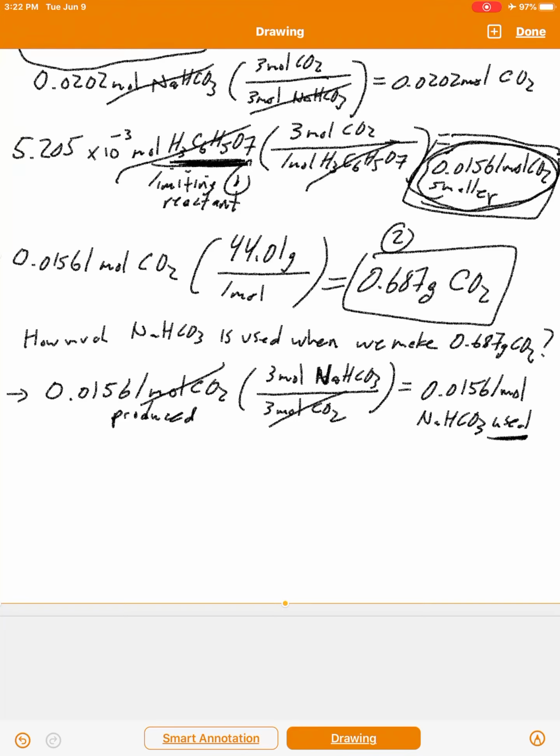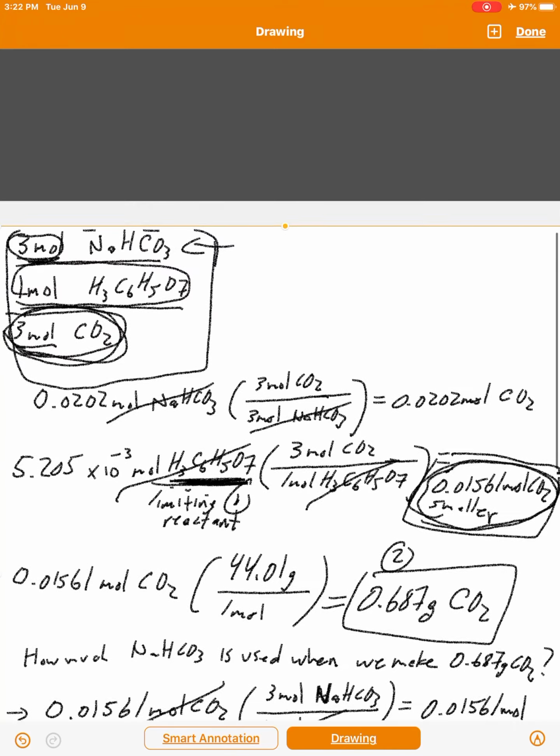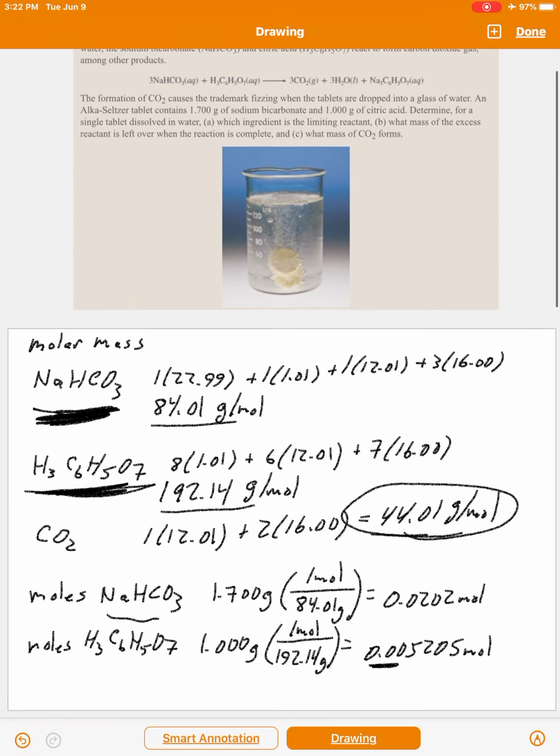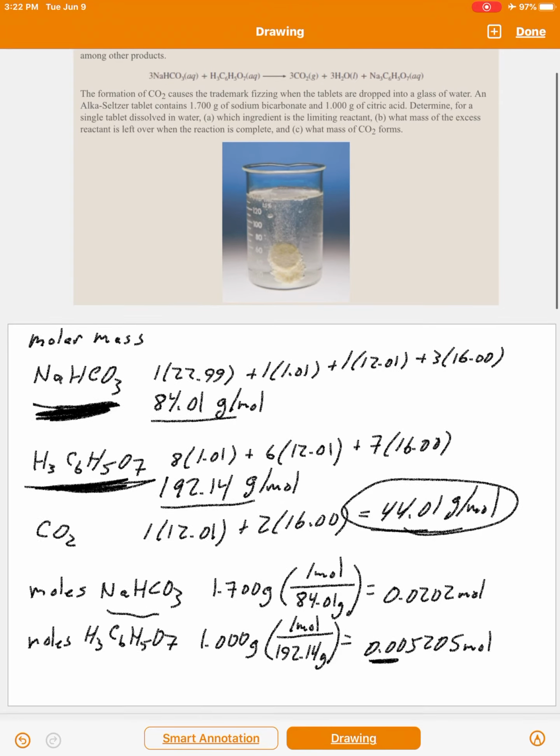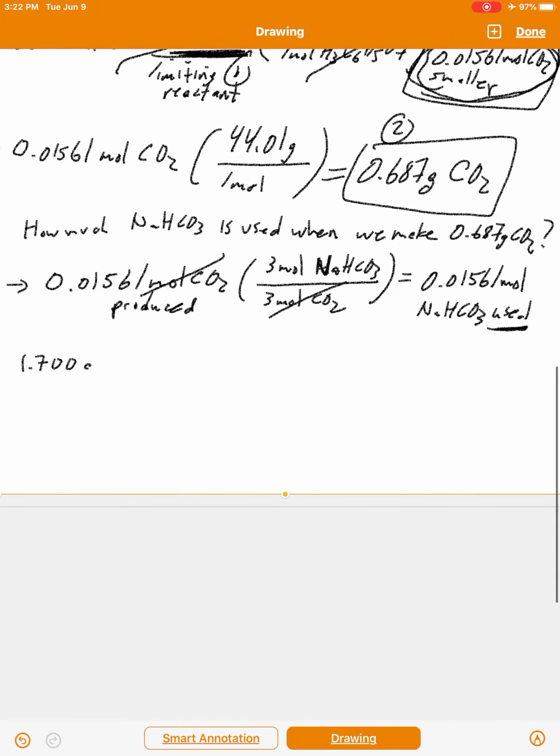Now, if you think about it, we started off with 1.7 grams. I forget whether it was 2 zeros or 3 zeros. It was 1.700. That's how much we started with.